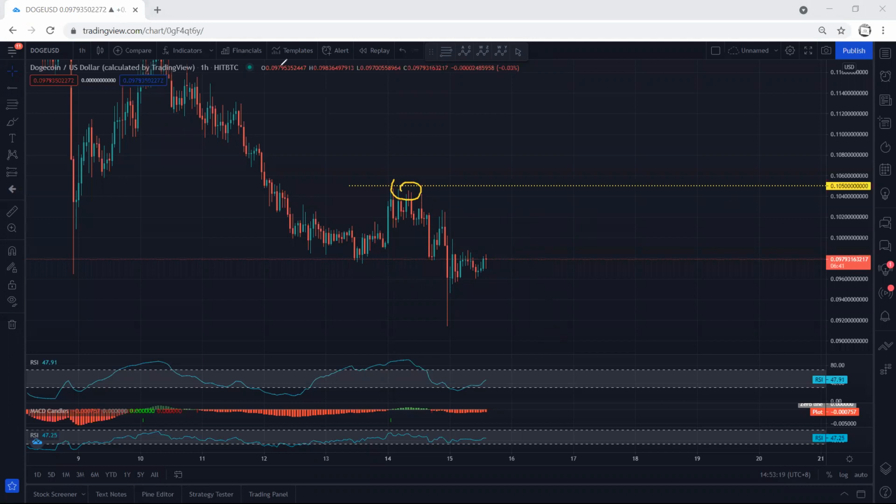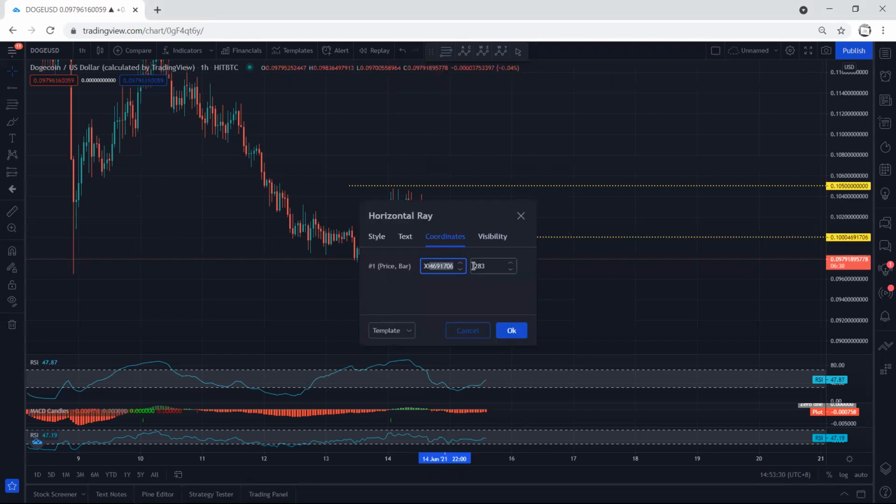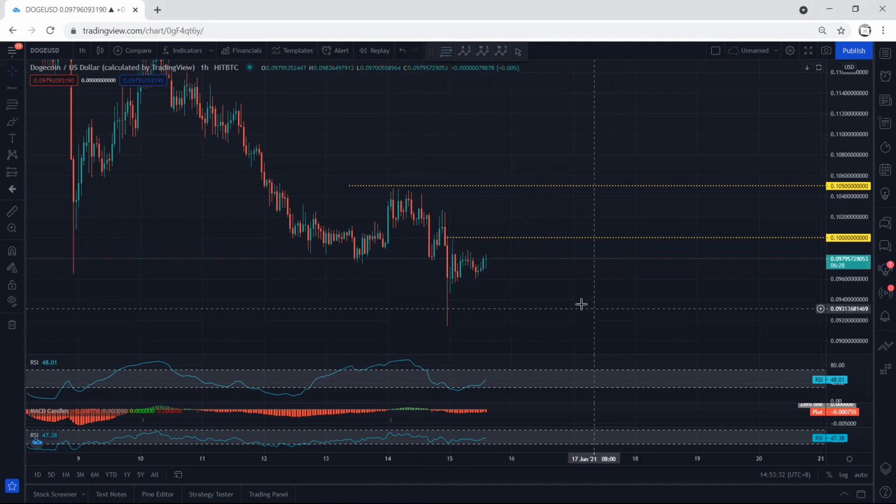Okay, if anyone wants to put the entry lower, they can put their entry around here, which is around 0.1. All right, and for sure, if we put our entry here and there is a reversal, it can give us a better trade setup.